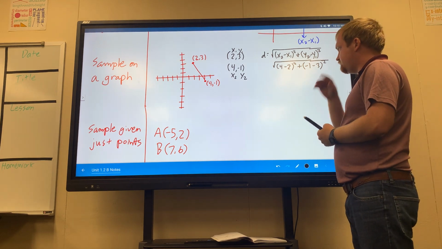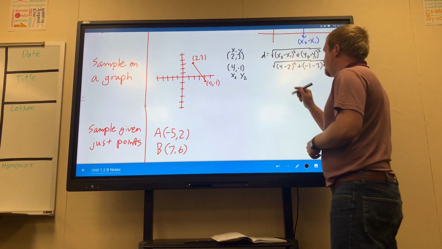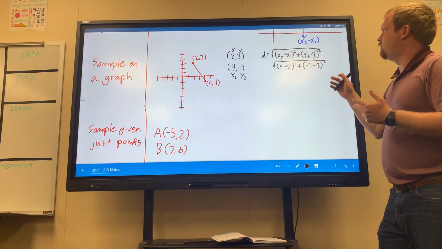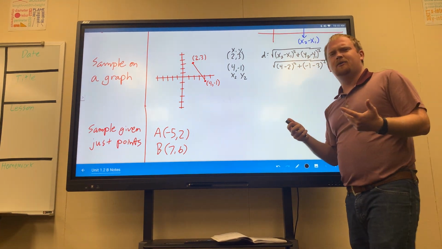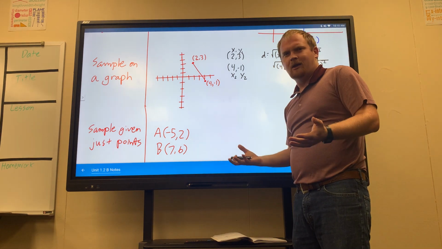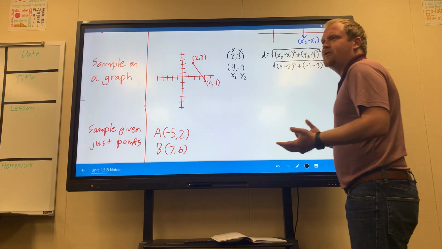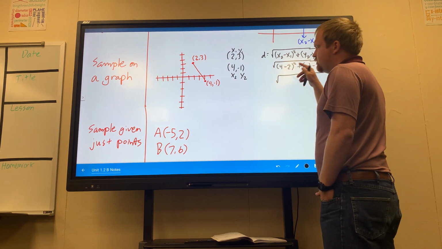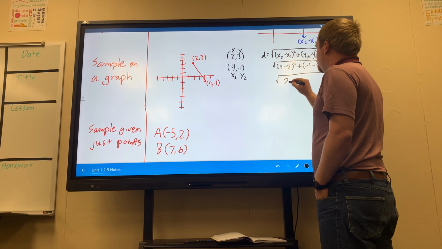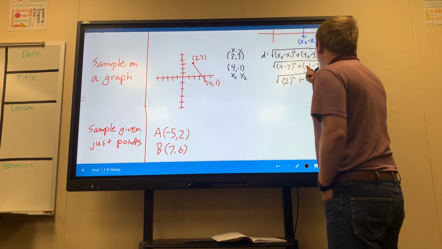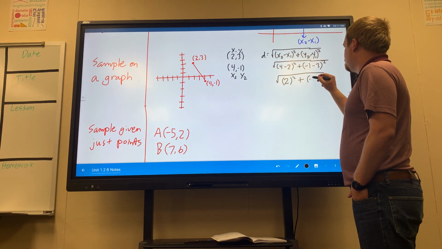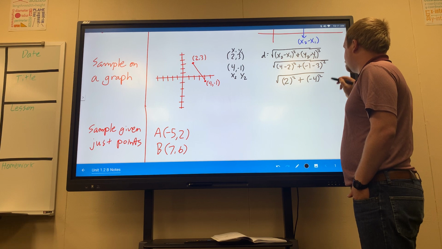In order to work this out, I have to use the order of operations, or PEMDAS. The first thing with PEMDAS is parentheses. So 4 minus 2 is simply 2. I have to work out this parentheses as well: negative 1 minus 3 is negative 4.